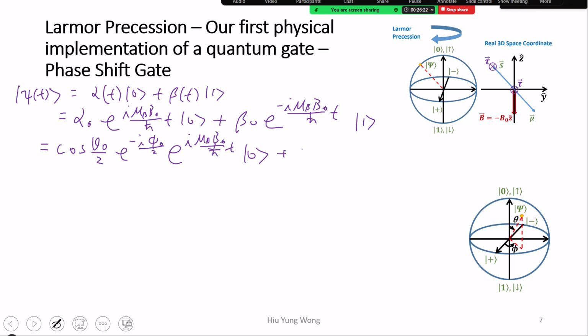Then the second one is sine theta 0 over 2 e to the power i phi 0 over 2, and then e to the power negative i mu b 0 over h bar t, the whole thing in front of 1. Again, nothing new, right? I just tell you that you have an initial state, of course, when t equals 0. This term is 1, this term is 1. And I solve that. This term is going to evolve as e to the power i mu b over h bar t. I showed that already when we solved the Schrodinger equation.